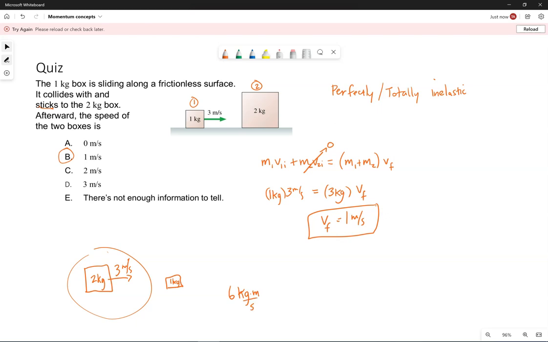That 2 kilograms times the 3 meters per second gives us a total momentum of 6 initially. And it still has to be 6 finally. When they stick together, that V final will be 2 meters per second. And that's all because of that initial momentum. This original question, there's only 3 kilogram meters per second of momentum, whereas if the 2 kilogram box was the one moving, it would have been 6 total. And so that would result in a greater final speed.